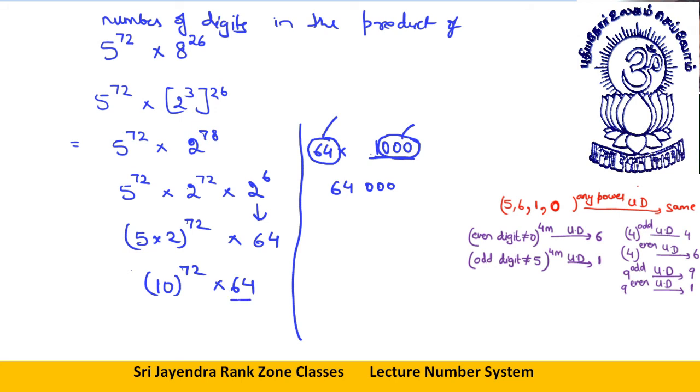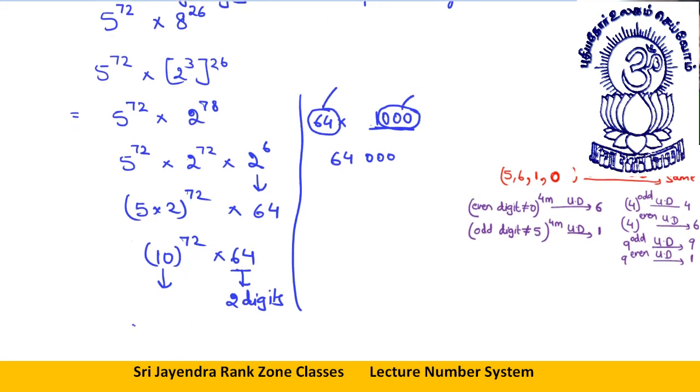So you have 2 digits here, and 72 zeros. So your final answer will be 72 plus 2 digits, okay, 72 plus 2, that will give me 74 digits. I am sure it must be clear to all of you. I hope there won't be any doubt.